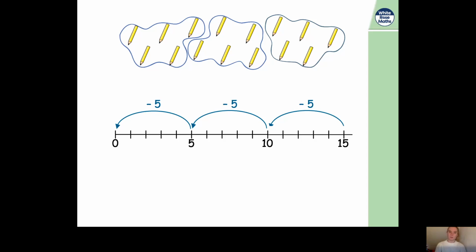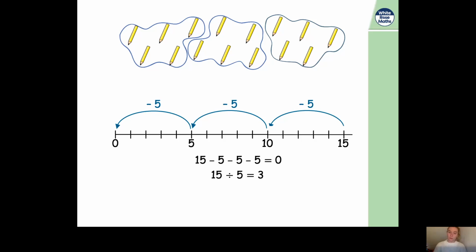And now we're on 0 because there are no pencils left that are not in a group. So therefore, we have shown on this number line 15, subtract 5 to get to 10, subtract 5 to get to 5, subtract 5 to get to 0, because we've grouped all of our pencils.